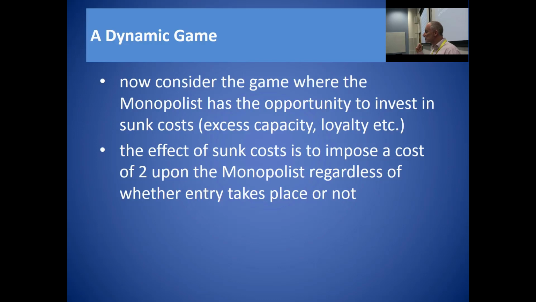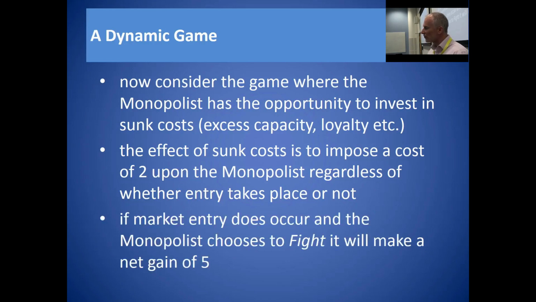Now, if the monopolist does do this, it imposes a cost, regardless of whether market entry occurs or not, and this imposes a cost of 2. And that is flat whatever the scenario is. And the monopolist can never, ever get this back. So that's the idea of a sunk cost.